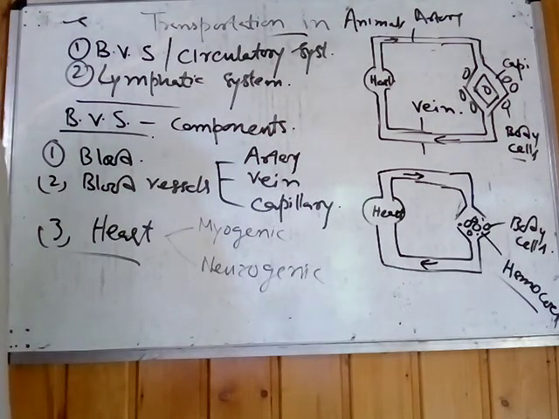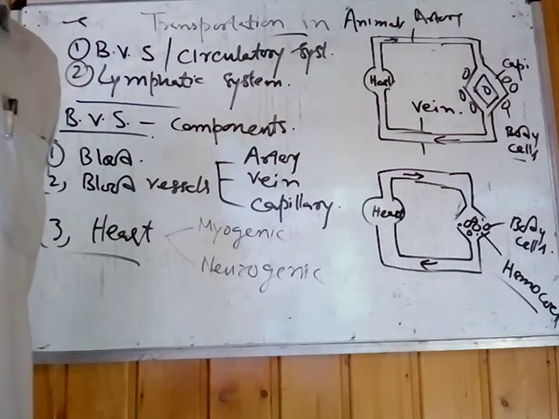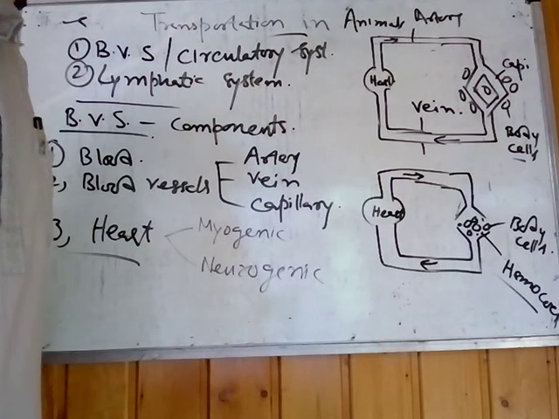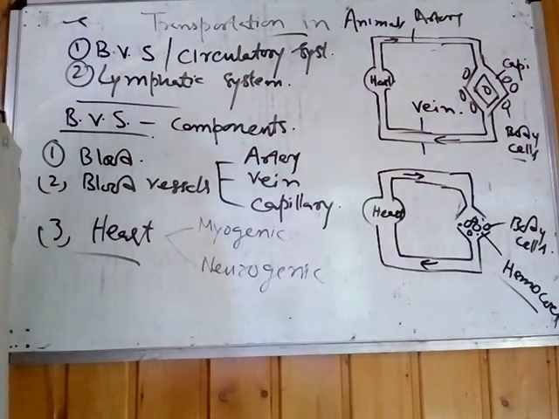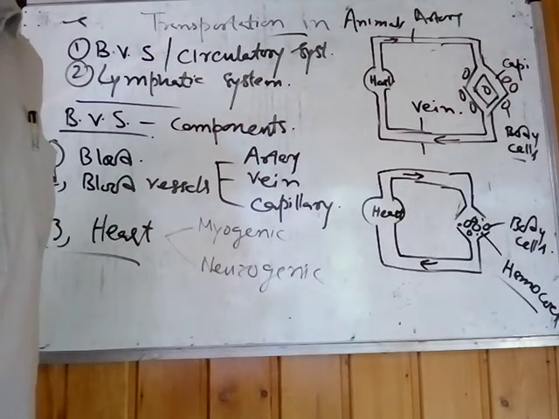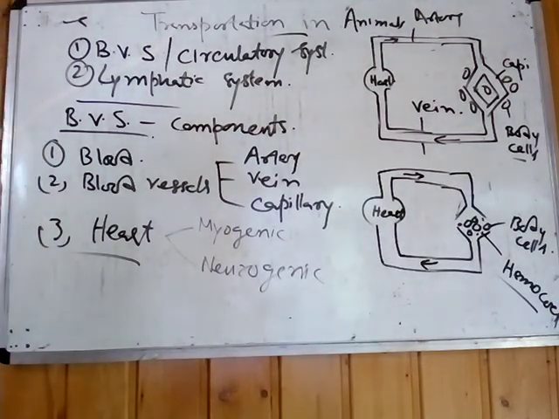Now oxygen is required to be transported to the cells, and nutrients are required to be transported to the cells, because the final customers in all the things inside the multicellular body are body cells.